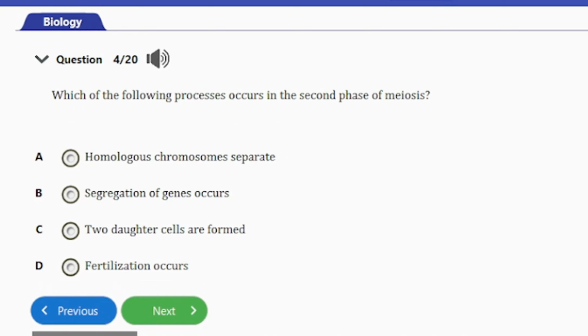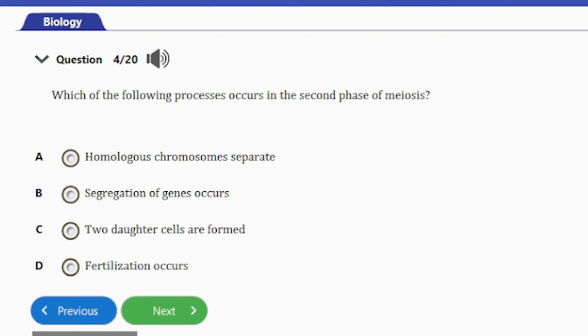Question number 4. The question says, which of the following processes occur in the second phase of meiosis? A. Homologous chromosomes separate. B. Segregation of genes occur. C. 2 daughter cells are formed. D. Fertilization occurs.